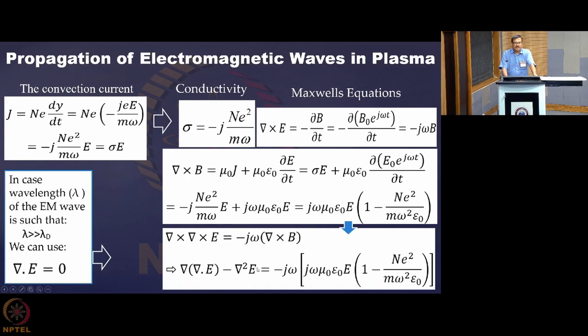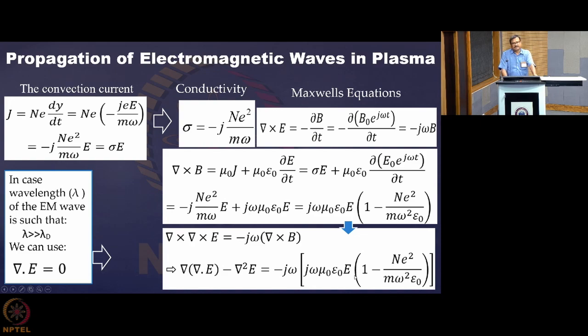So j omega remains here, and curl B is just coming from here to here. I've just taken it down, and you know that j into j gives j square, which is minus 1. So this minus and minus cancels out, and then you get omega square and mu 0 epsilon 0, and this mu 0 epsilon 0 is 1 by c square, where c is the speed of light.